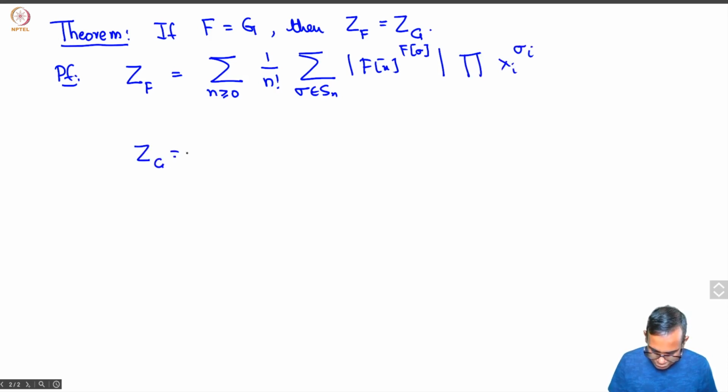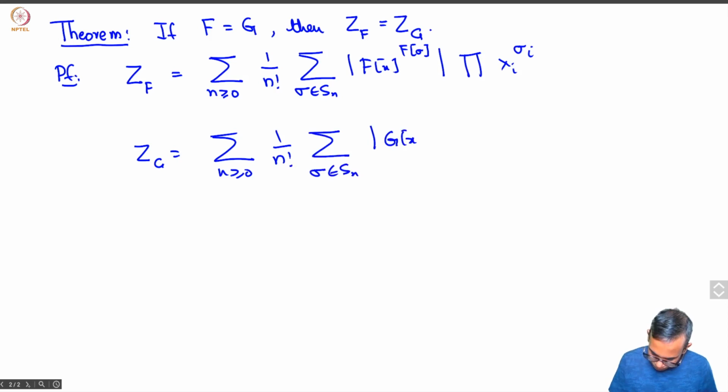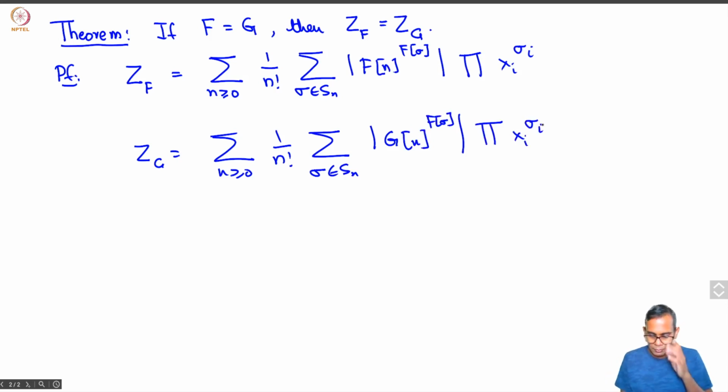And similarly, ZG is given by a similar sum over Gn, not x here, it should be n. And these will be equal if we can show that these sets have the same cardinality.